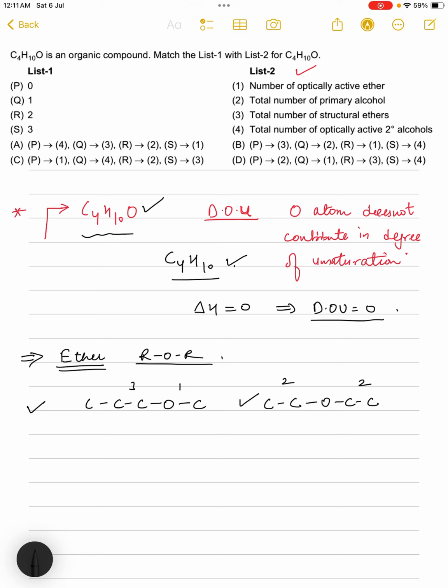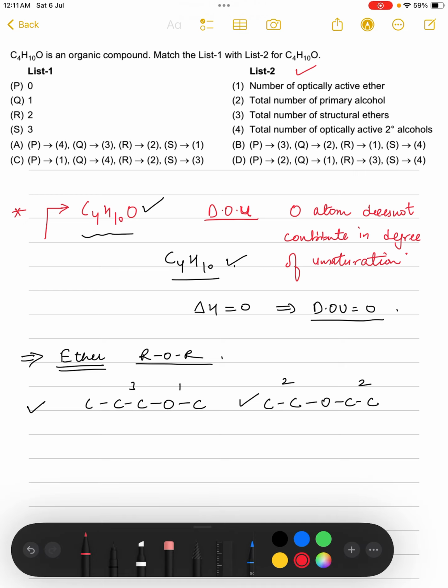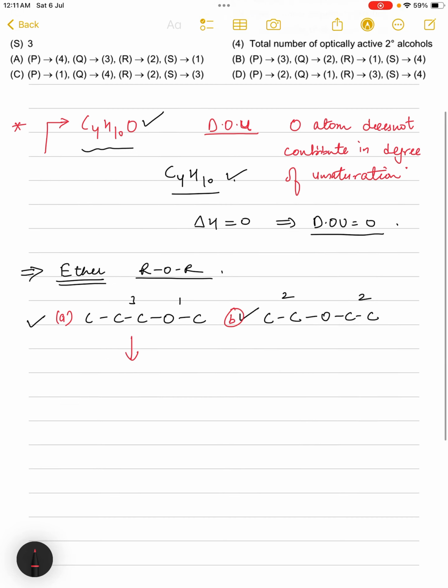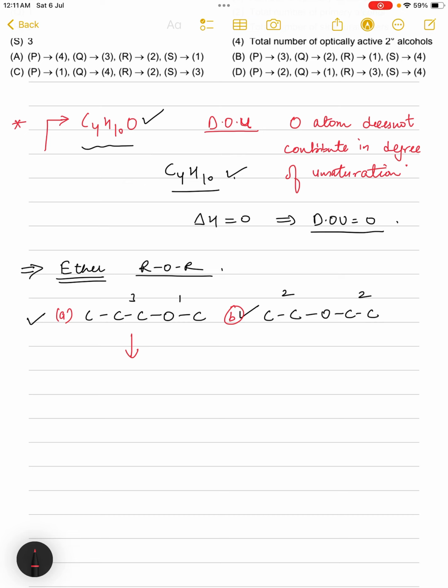One more thing we can do is, in the case of the first one, let me name it. This is compound A and this is molecule B. In the case of A, we can make one change: on the left side there is a 3-carbon chain, which is a straight chain. We can make a branched chain of this straight chain like this.